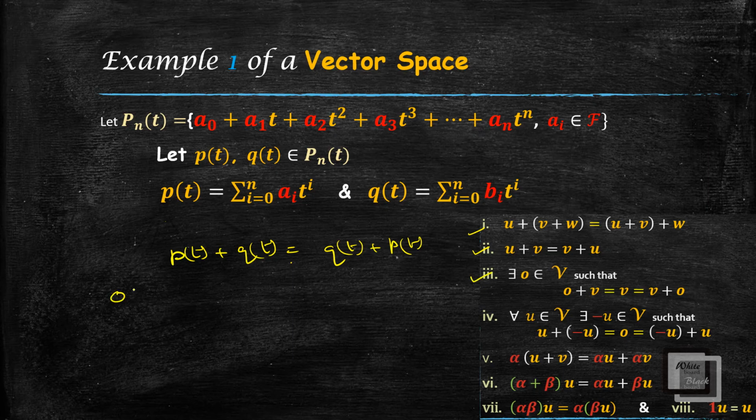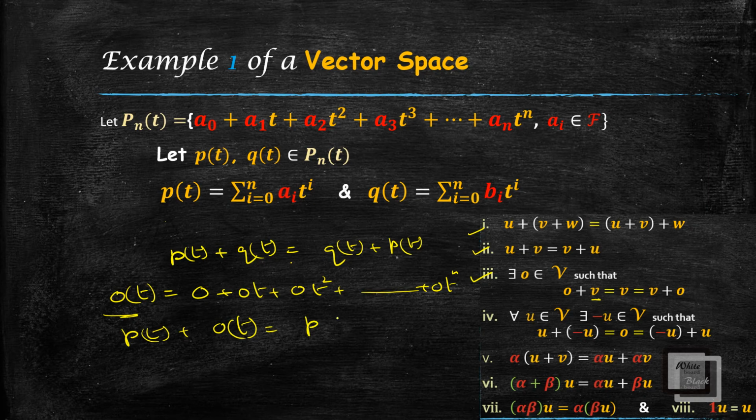So you can consider a zero polynomial of the form 0 plus 0t plus 0t square and so on up to 0tn. Adding any vector, say pt plus 0t, will be equal to pt for all pt belonging to this set Pnt.